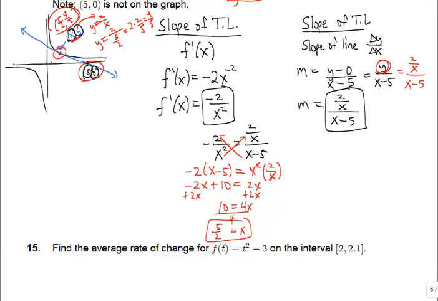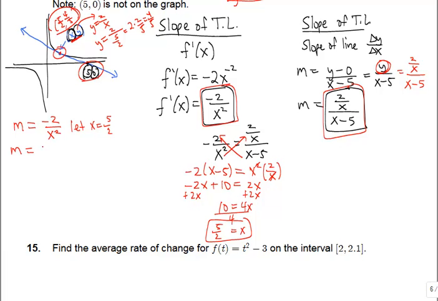So to find the m, we're going to need to plug in 5/2 for x, either into here or into here. Personally, I like this one, the derivative, better because it seems a little bit simpler. So to find m, we're going to take this function -2 over x squared, and we're going to let x be that 5/2, that point of tangency.